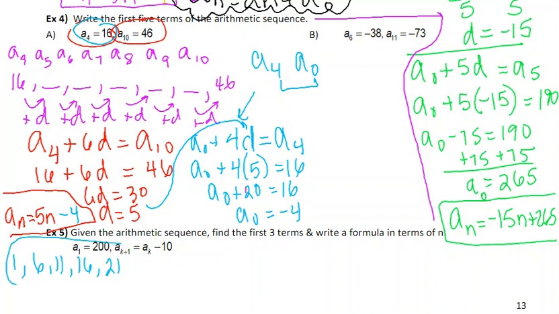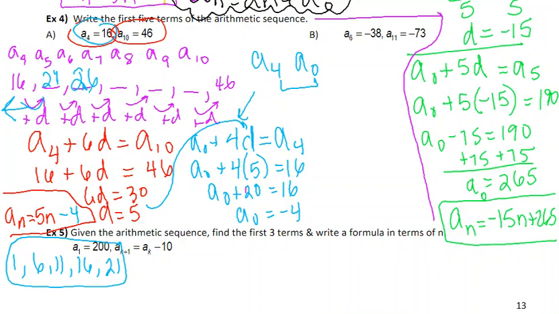You could have actually not even gone all the way to the equation. Once you found the common difference, you could have just added 5 every time. Add 5, 21. And then add 5, you would get 26. I know they wanted the first 5 terms, so you'd actually have to work backwards in the sequence and subtract 5 all those times. So whatever you want to do is fine with me.